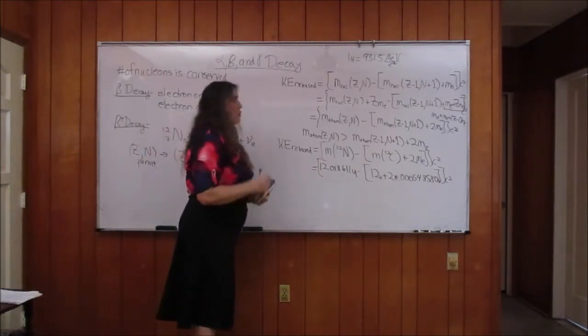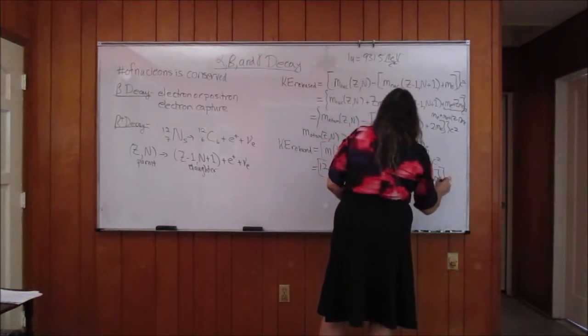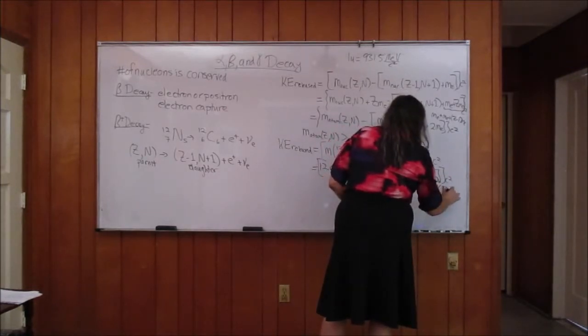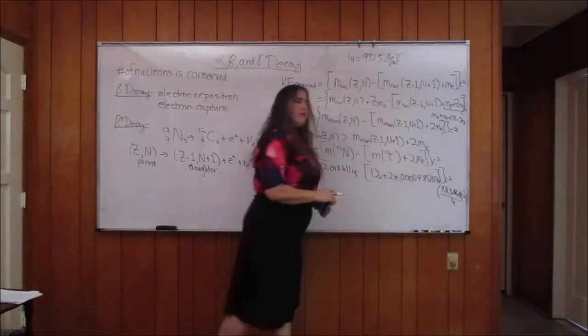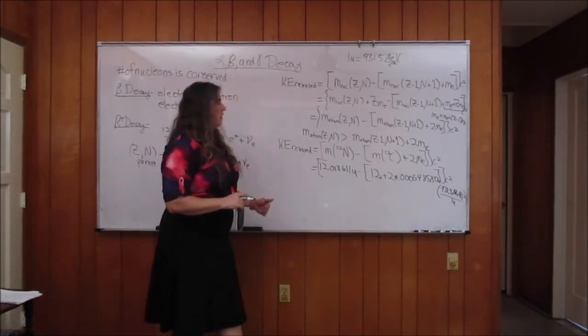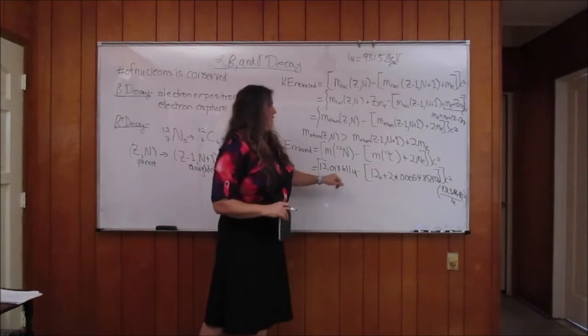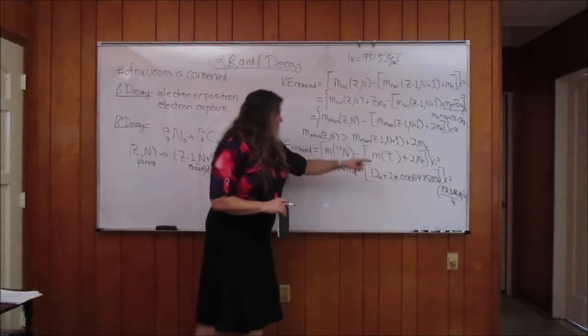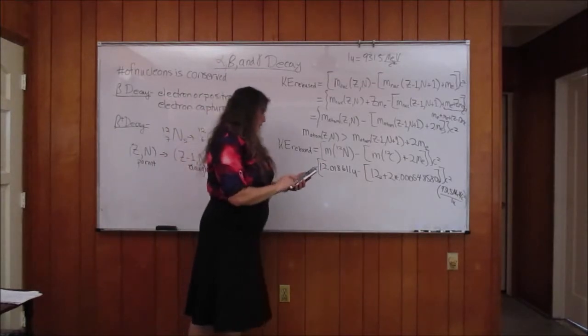And last but not least, you also want to multiply by a conversion factor, 931.5 mega electron volts over c squared, all over 1 u. So the 1 over u will take care of the u's in the masses, and the c squared in the denominator will cancel with the c squared in the numerator.